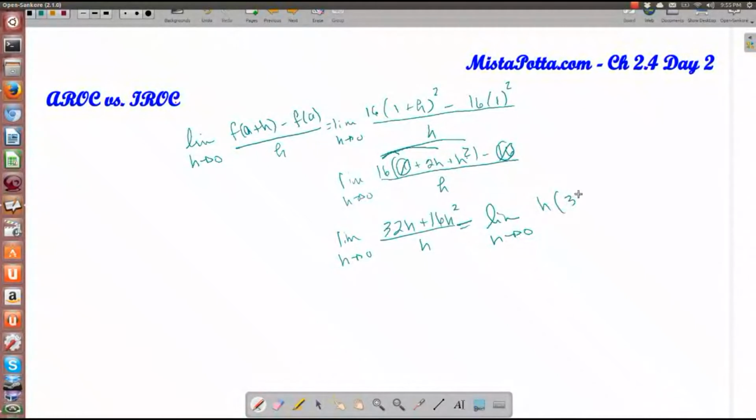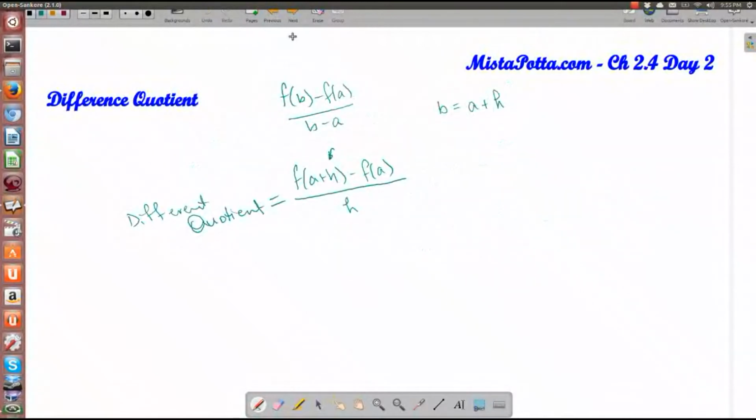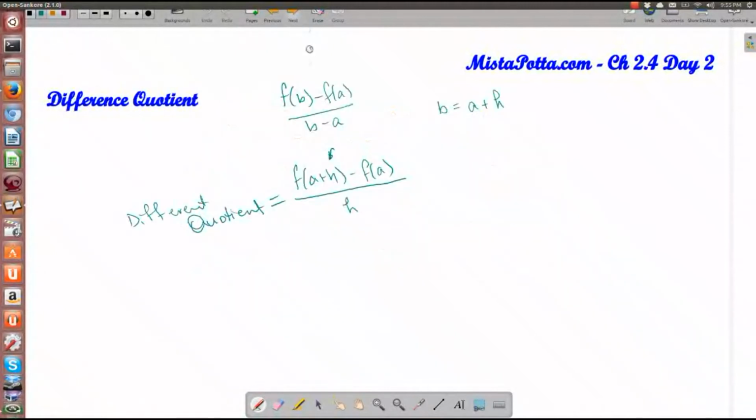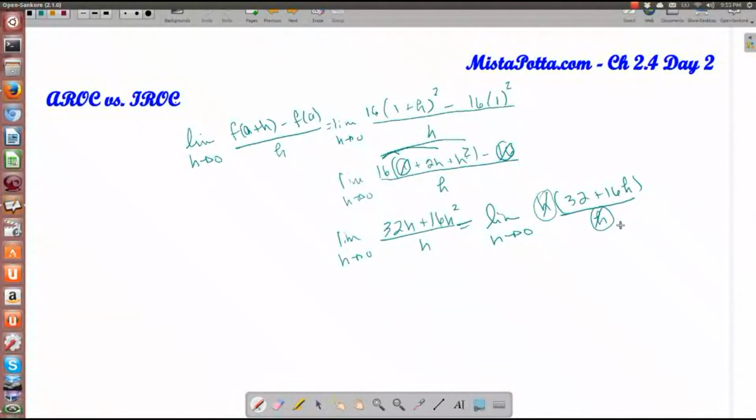So I end up with the limit as h approaches 0 of h times 32 plus 16h over h. This is what we were looking at before. On the previous page, when we were talking about 0 over 0, that 0 over 0 implied that we had a common factor in the numerator and denominator, something that would divide out, and I see that here now.